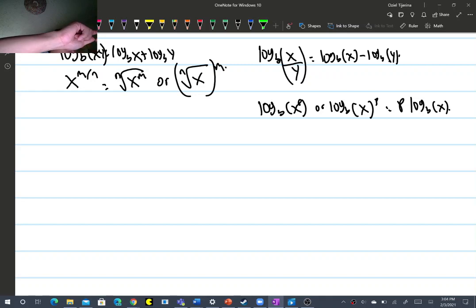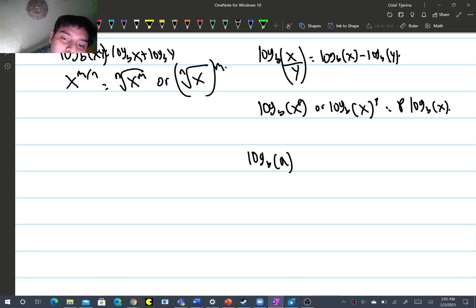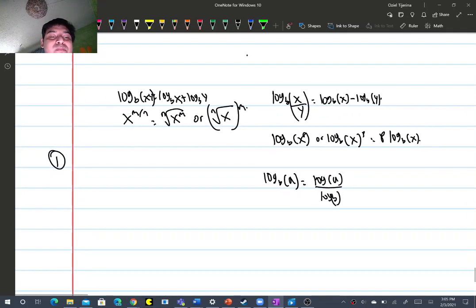Log base b of a equals log of a over log of b. So those are the formulas that we want to remember.